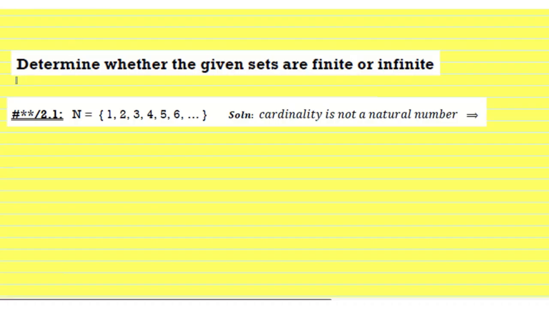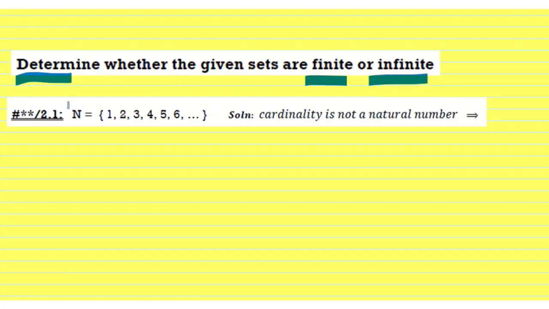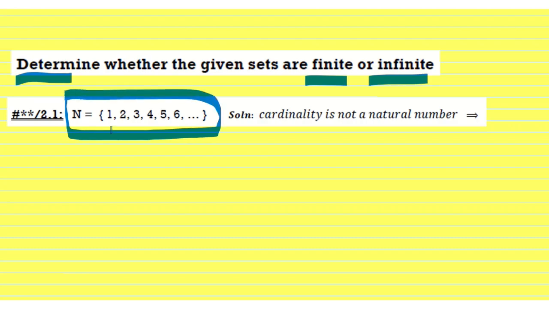Now they would like for us to determine whether the given sets are finite or infinite. So the first set they've given us is n is equal to 1, 2, 3, 4, 5, 6, dot, dot, dot. What does that dot, dot, dot mean? It means that's the ellipsis, and it's telling us that it is going on forever in the positive direction.